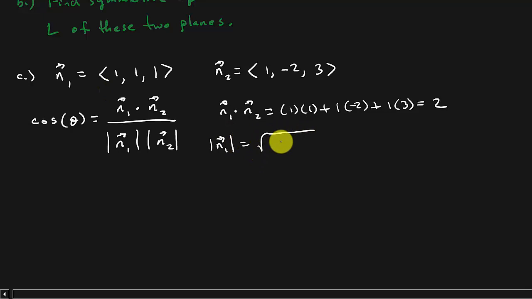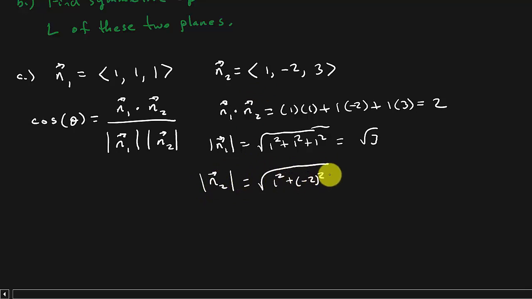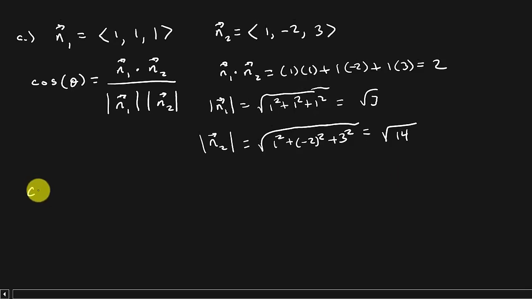That's just the square root of 1 squared plus 1 squared plus 1 squared, which is the square root of 3. And then the magnitude of n2 is going to be the square root of 1 squared plus -2 squared plus 3 squared. And that ends up being, I think, the square root of 14. And so now we've got cosine theta is equal to 2, that's the dot product, over the square root of 3 times the square root of 14.